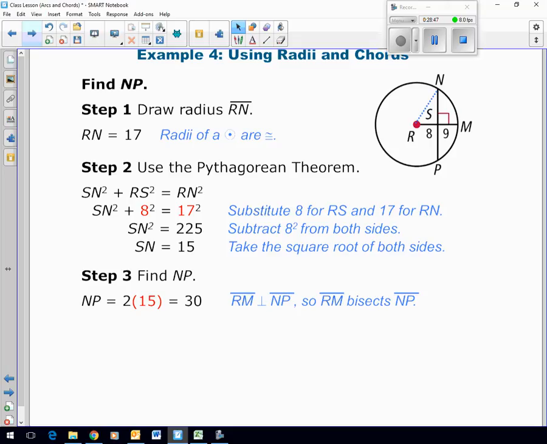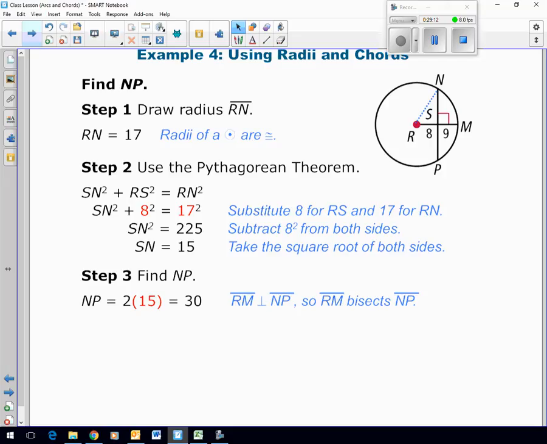If all radii are created equal, then how far would it be from R to N? 17. How far would it be from R to P? 17. So this is 17. This is 8. Yes or no, I have a right triangle.